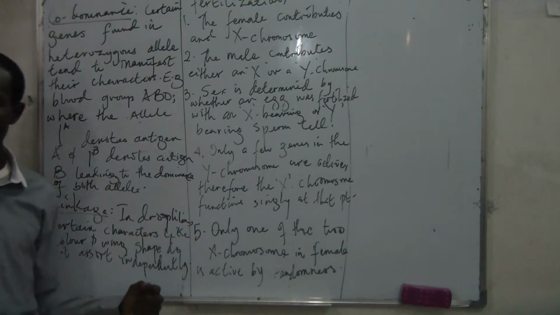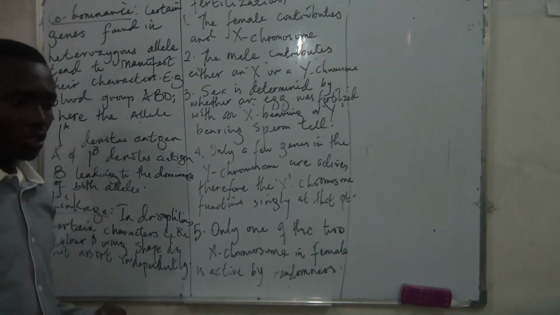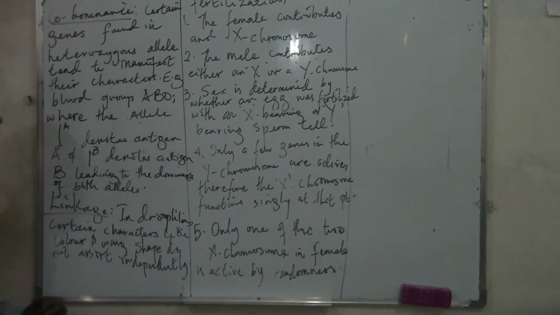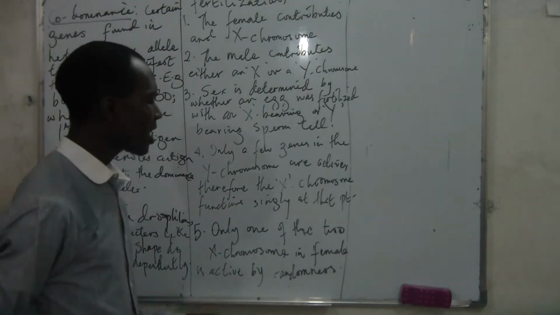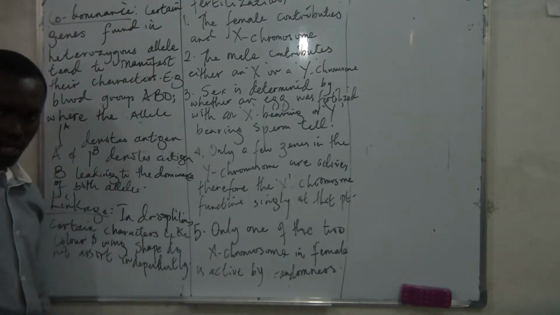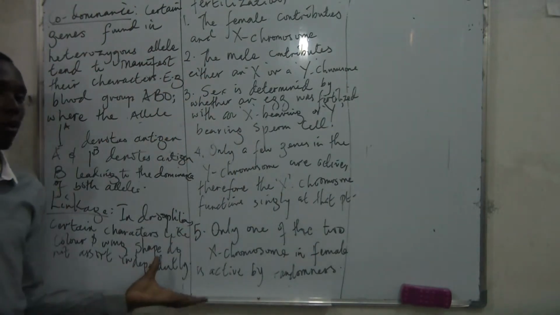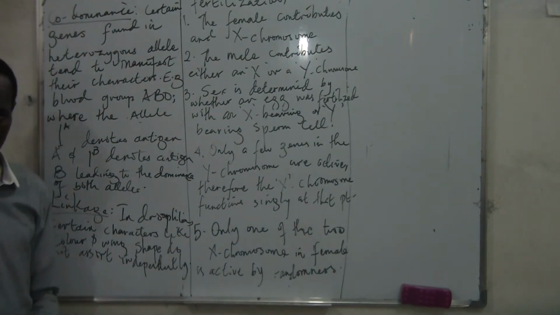Drosophila has been one of the common animal species, or insect species, that we have used. Now, the unique thing about Drosophila, according to Mendel, Mendel said that genes are what? Independently assorted, meaning the manifestation of one gene is not dependent on the other.